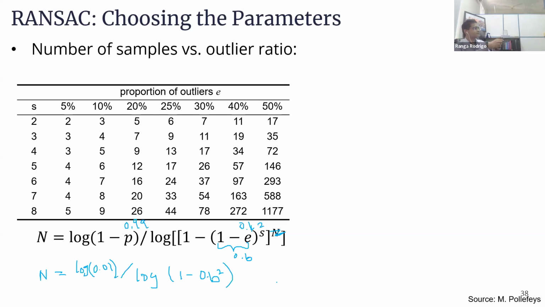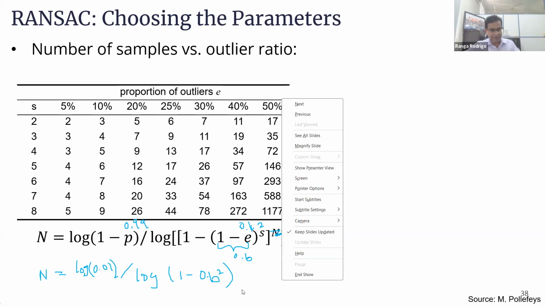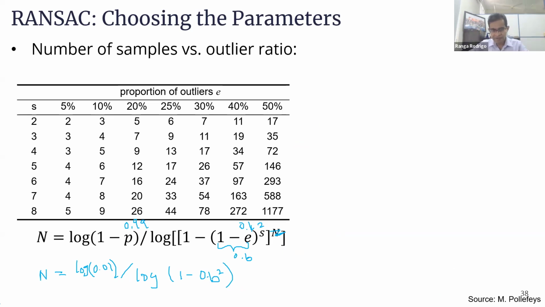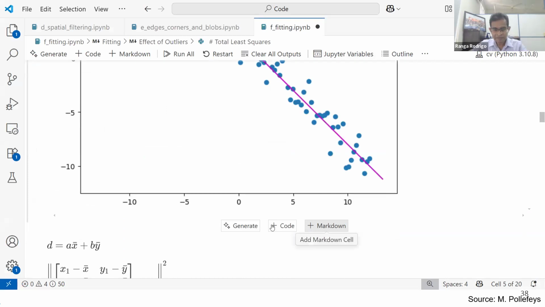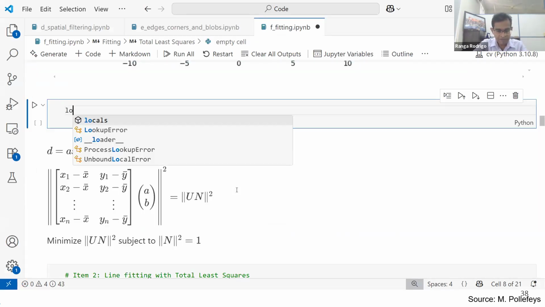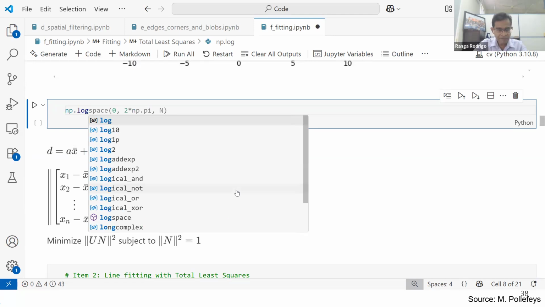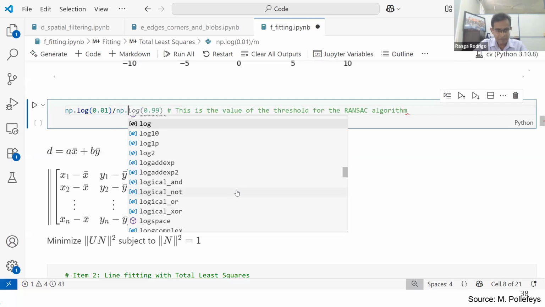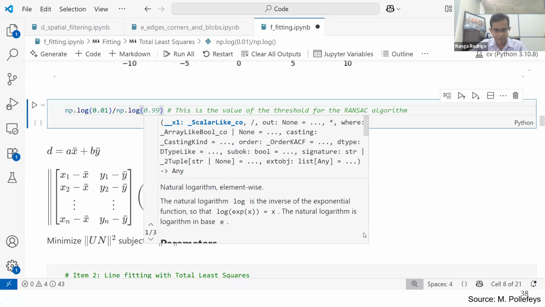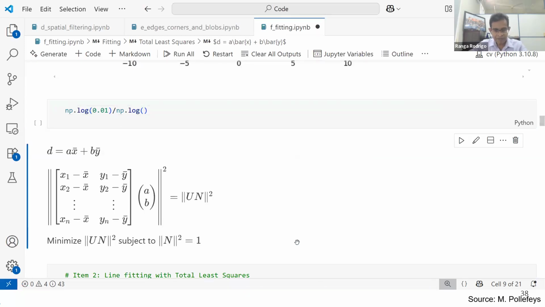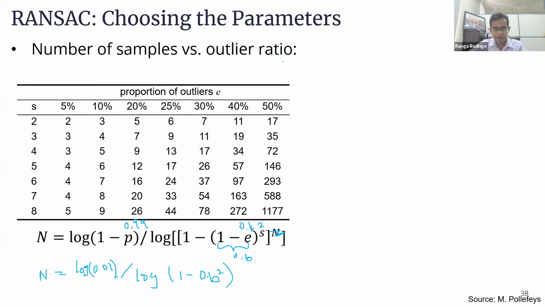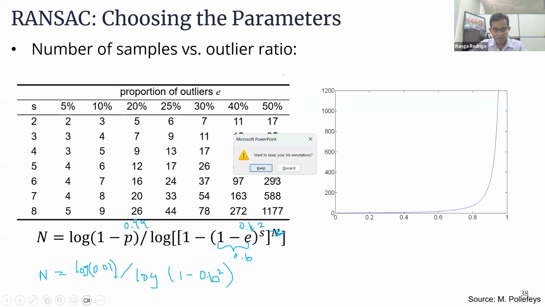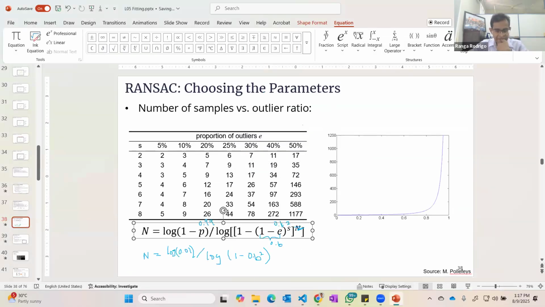Battery is gone. Yeah, I hope this is clear. 1 minus 0.6 squared.